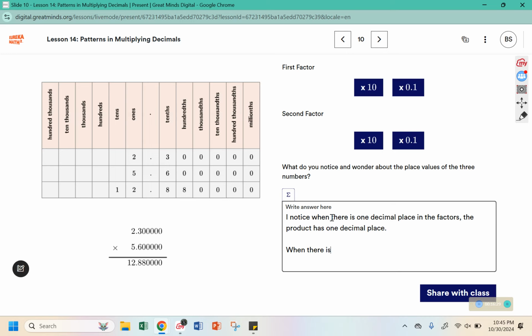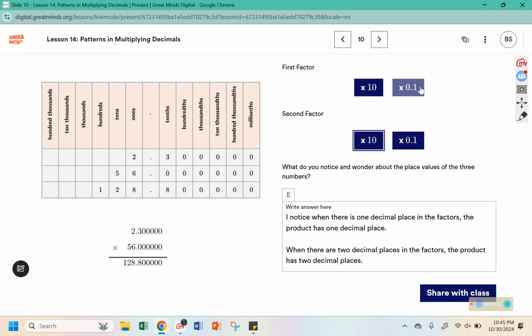When there are two decimal places in the factors, the product has two decimal places as well. And it doesn't matter if it's one in the first factor and one in the second factor, or if I put both of them in one factor, so two decimal places in the first factor, none from the second, but I still end up with 2 in the answer.